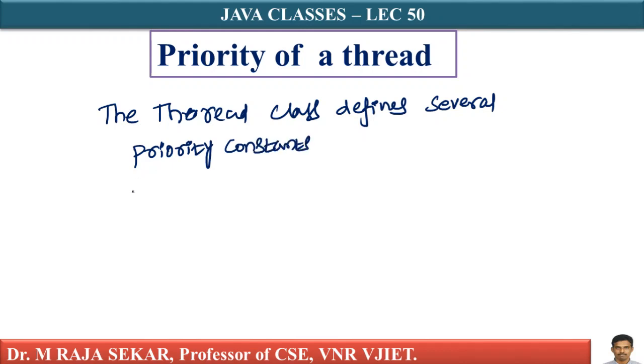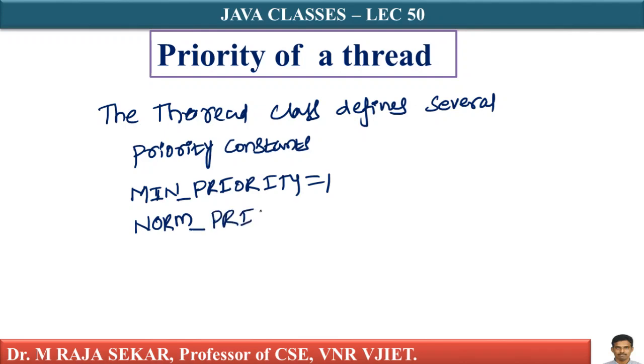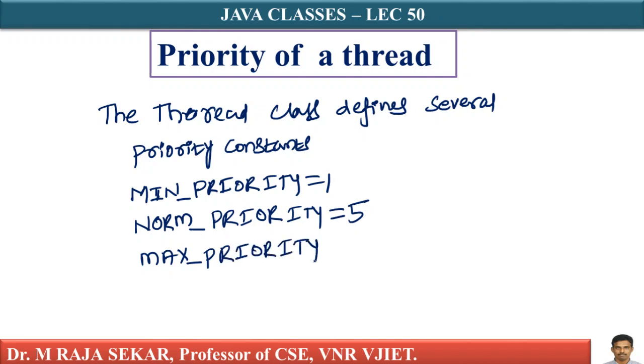First one is MIN_PRIORITY, which is equal to 1. Second one is NORM_PRIORITY, which is equal to 5. Third one is MAX_PRIORITY, which is equal to 10.